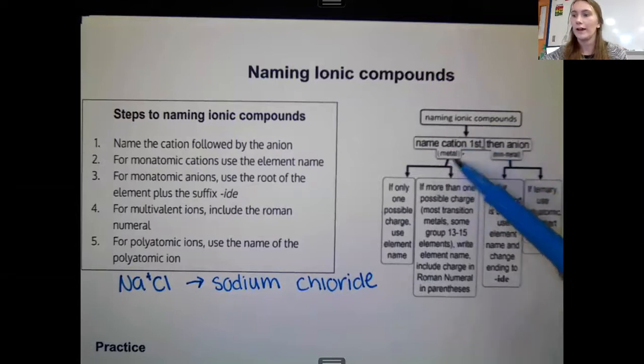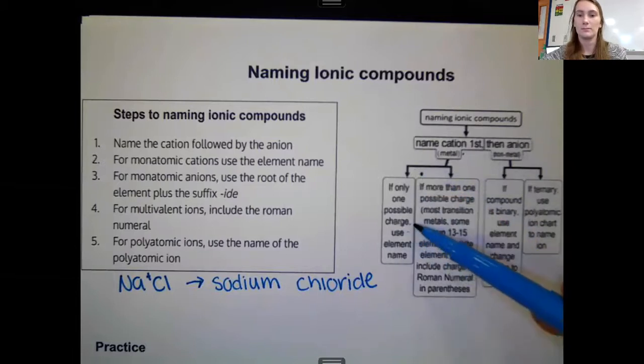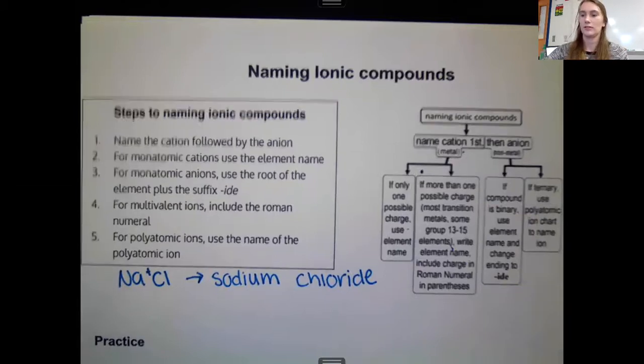For the cation, if there is only one possible charge, so those are our monatomic cations, you use just the element name. This other part we'll talk about later. For the anion, if the compound is binary, which is what we've been talking about, you use the element name and change the ending to "ide," which is exactly what we did.